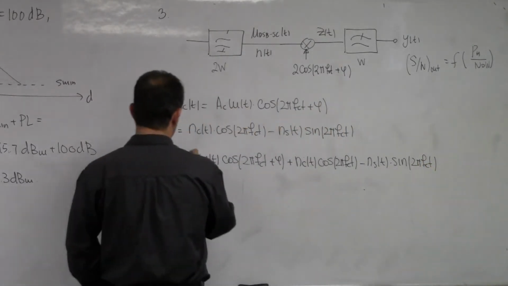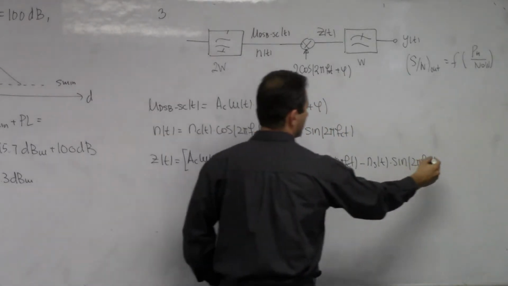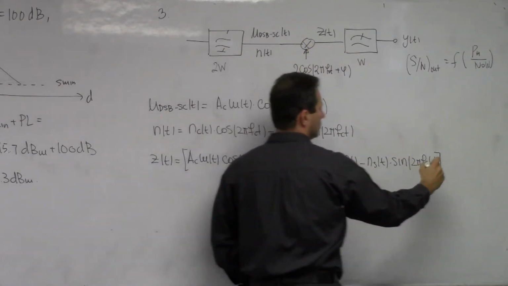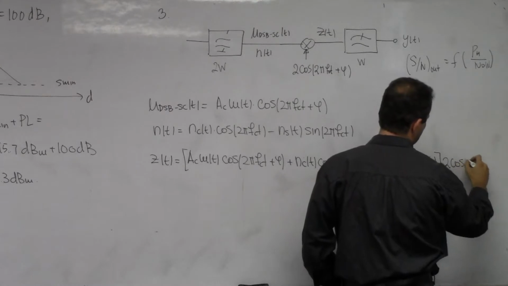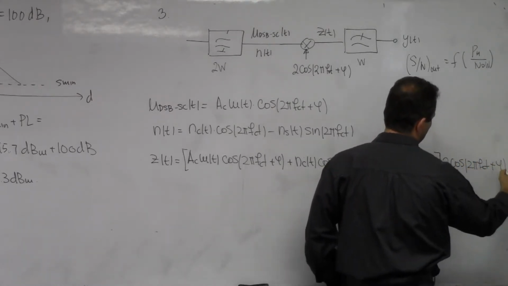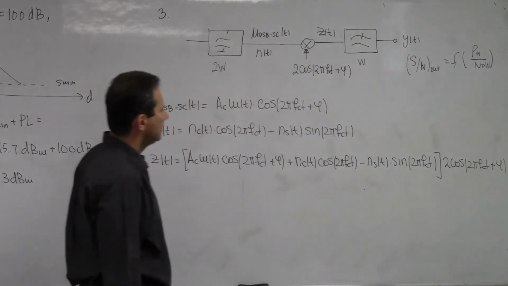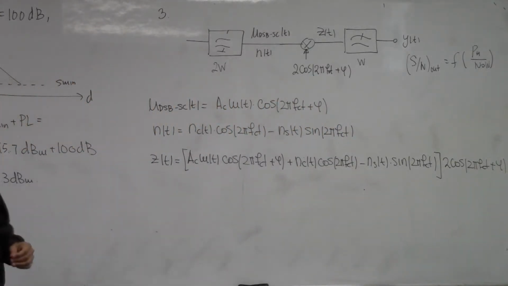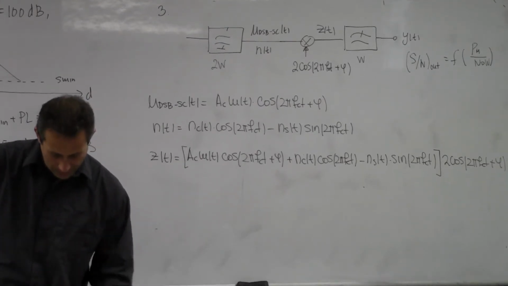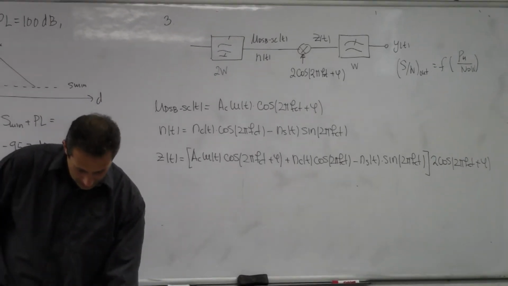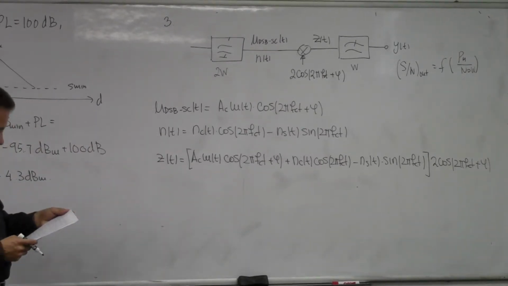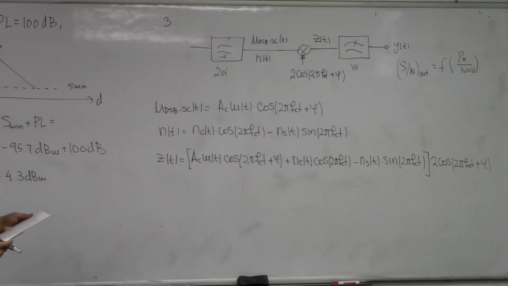That's this whole stuff here, and then times cosine 2 pi FCT plus phi. You've already done this many times, so let's see if we can shorten this and write out the results a little bit faster.